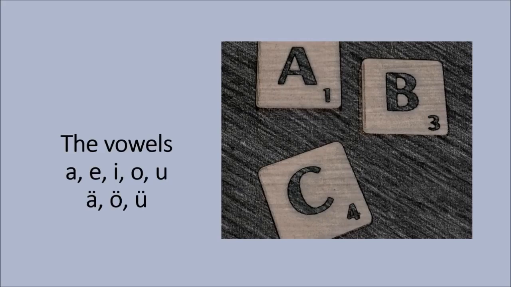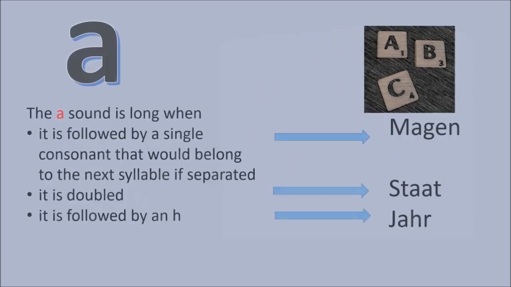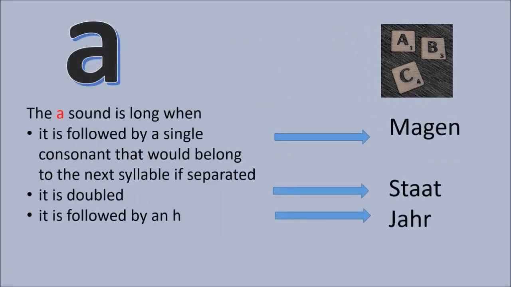In this video, we're going to look at the vowels A, E, I, O, U, and also the three umlauts Ä, Ö, and Ü. Let's start with A. The A sound is long, as in "ah", when it is followed by a single consonant that would belong to the next syllable if separated, like Magen.